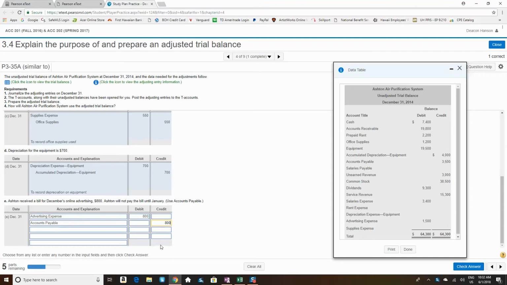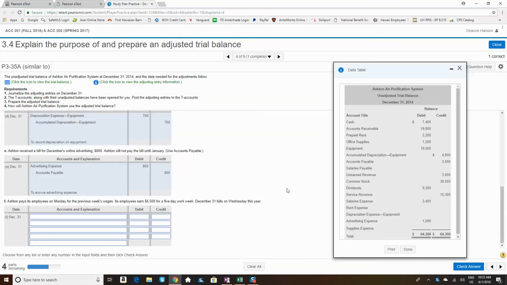So no cash was spent yet. The cash will come out of Ashton's account in 2015. So this is to accrue advertising expense. Accrue has that feeling of capturing more. You're getting those expenses onto your income statement, and you're reflecting what you owe as a liability.